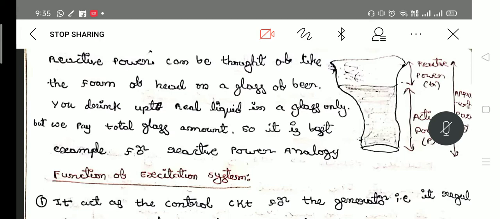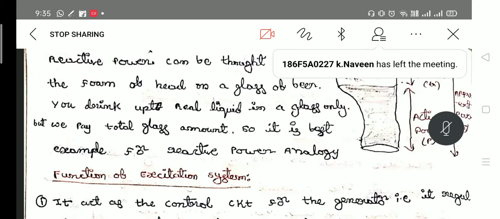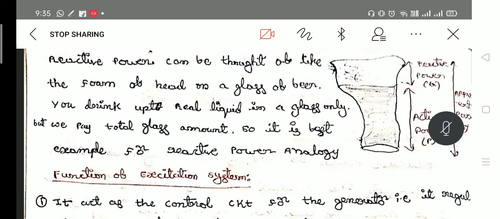All those things come under the excitation system. This is the function of the excitation system. We can control the current of the generator and regulate the output at the generator terminals, and the excitation depends upon the load current, power factor, and speed of the machine also.